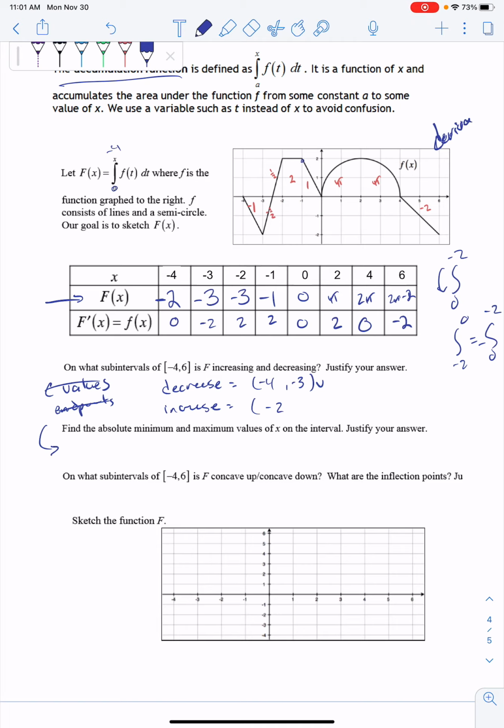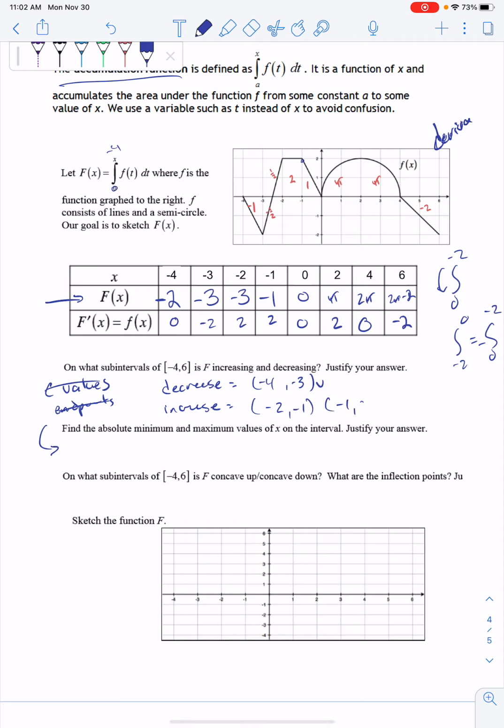Because when I'm at -2, I'm at -3. We're looking at our f function, right? Yeah, so I'm increasing. I'm looking at my slope. I'm increasing from -3 to -1. I'm still increasing, and I don't know what's happening right at -1.